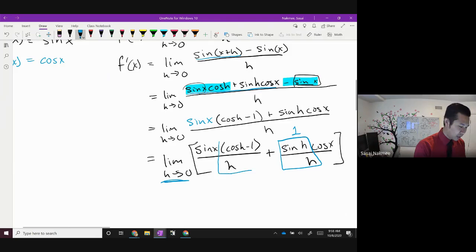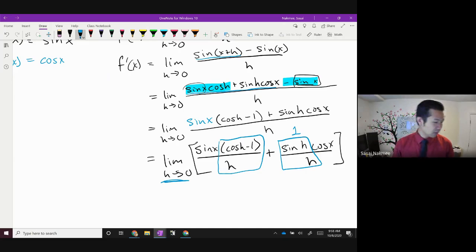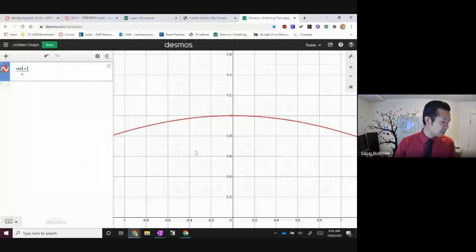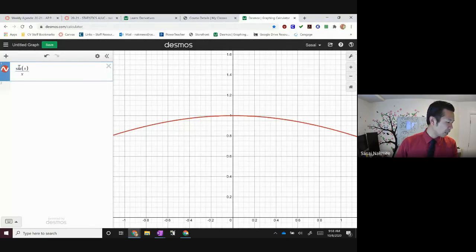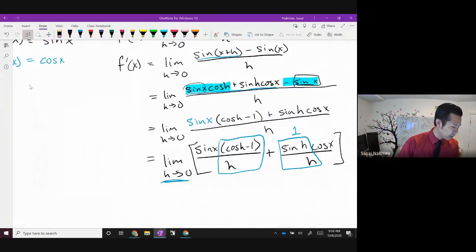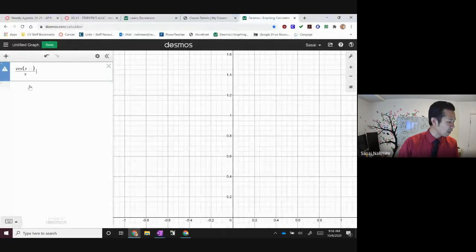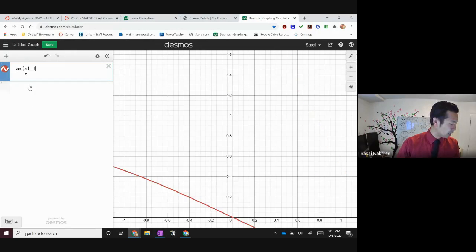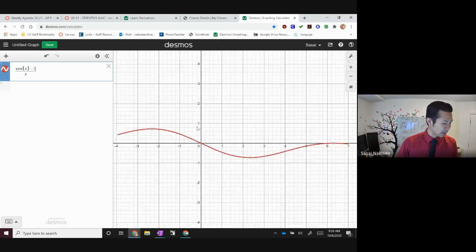This right here is the other function as h approaches 0. What does that approach? Again, that's from the chapter 1 part of this. If I go ahead and type that in, it's going to be cosine of x minus 1. There's that graph.